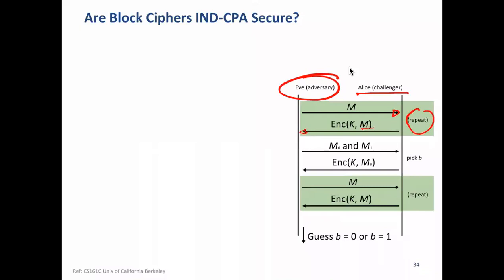Now Eve sends both M0 and M1, and Alice picks one of these randomly and encrypts it, which we call MB, and then sends the encrypted version back. Okay, this is how we did it. Eve can try this again. Now, based on this, do you think it is IND-CPA secure?